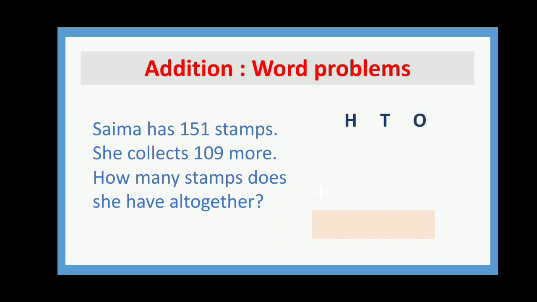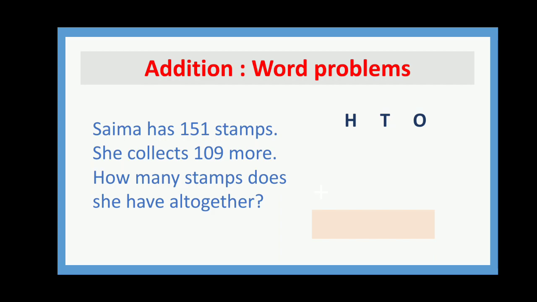Here is another example of a word problem. Saima has 151 stamps. She collects 109 more. How many stamps does she have altogether? Here 3-digit numbers are given. Write hundreds, tens and ones and add them.